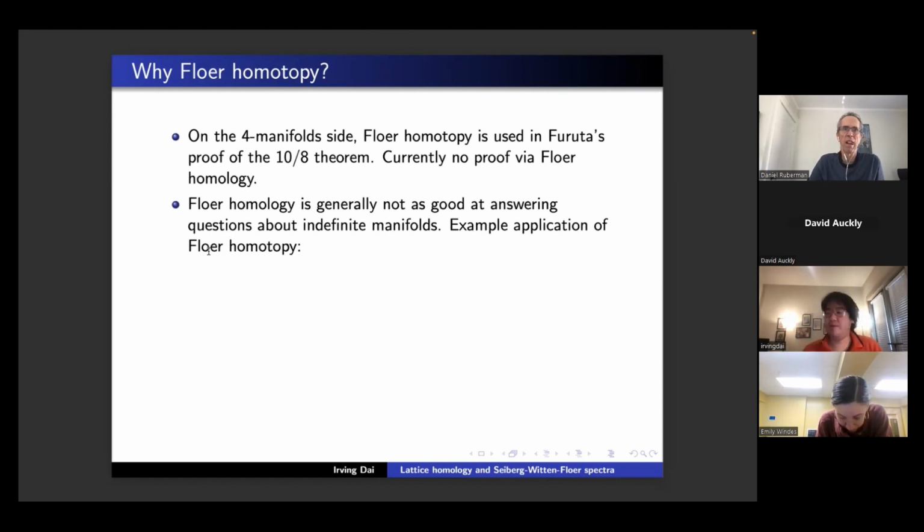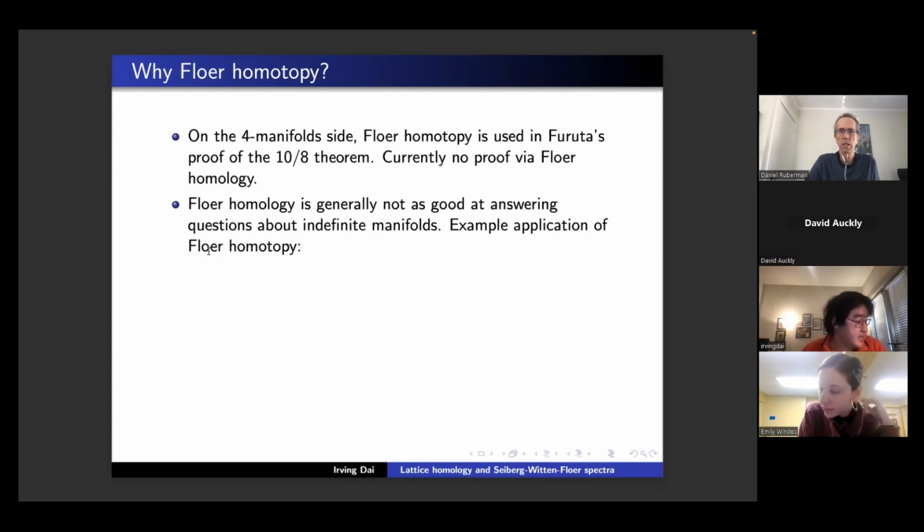If one wants to go a little bit more into three-manifolds, even though I think it's more like 3.5 dimensions, Floer homology is generally not as good at answering questions about indefinite bounding. So if I give you, let's say, an integer homology sphere, and I ask what sorts of four-manifolds it bounds, it's a standard thing that Floer homology is very good at providing obstructions, like saying my three-manifold Y does not bound any negative definite or positive definite manifold, and so on.